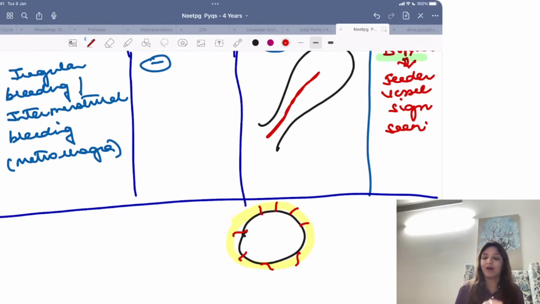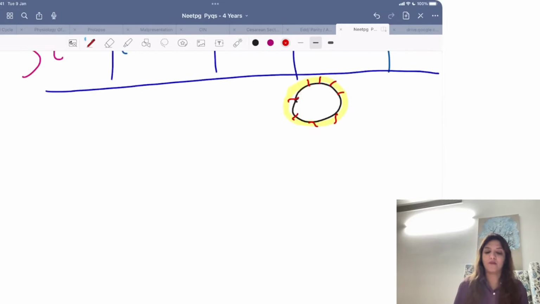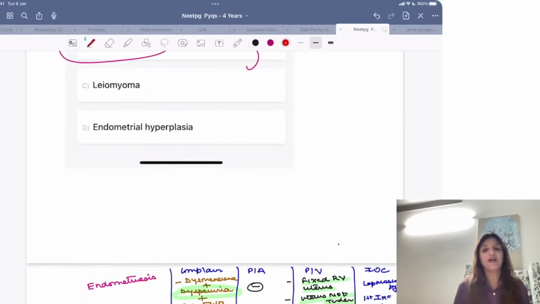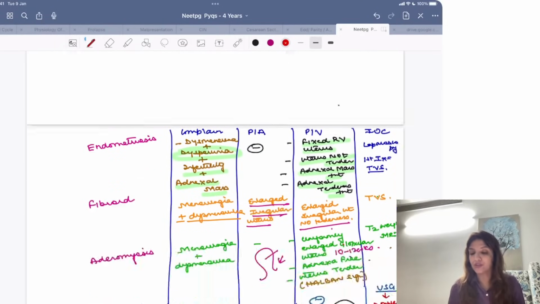Whereas in case of polyp, there is a single blood vessel which is coming up till the center. Clear? So that is how you differentiate between these conditions: polyp, fibroid, endometriosis and adenomyosis.